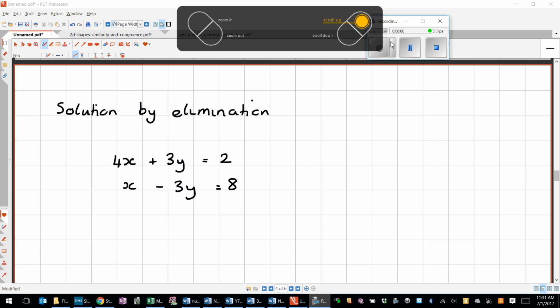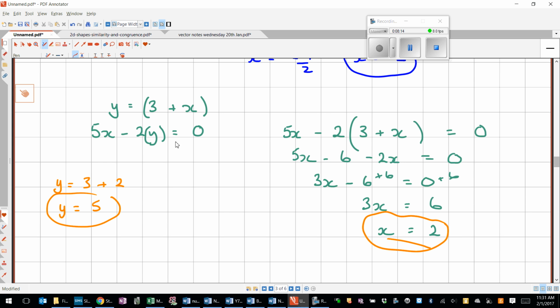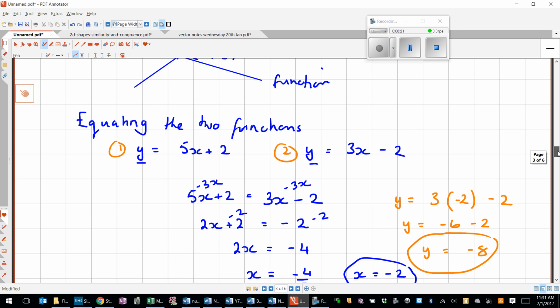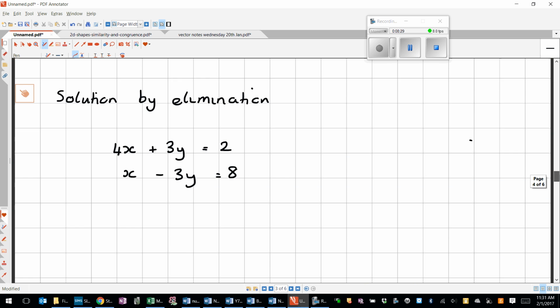Remember, here we had y equals, one of them was y equals. In our initial problem, they were both y equals. So you can see how we're being given different tools depending on what situation we're in.